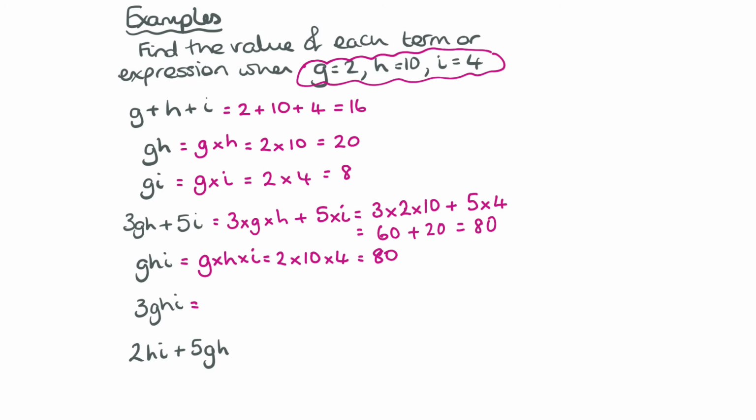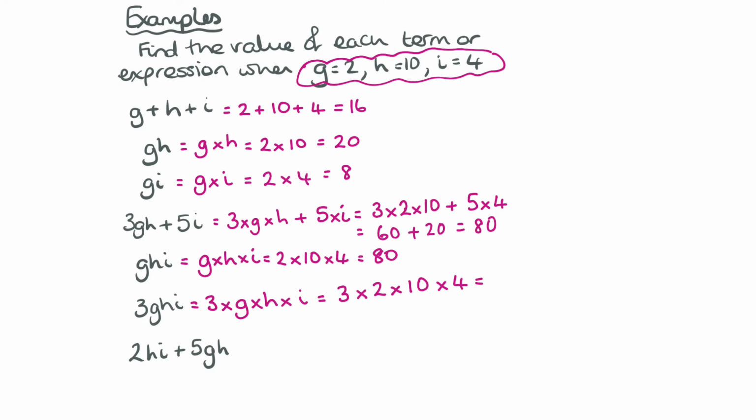Now 3GHI, look, we've got 4 things stuck together here and they're all multiplying. So it's 3 times G times H times I. All right, so 3 times 2 times 10 times 4. So actually, when you're multiplying, it doesn't matter what order you do it in.